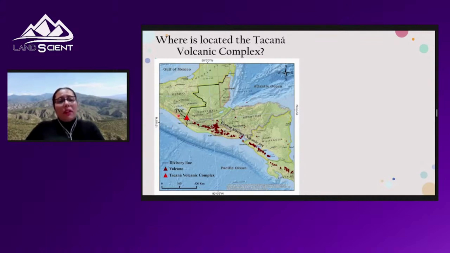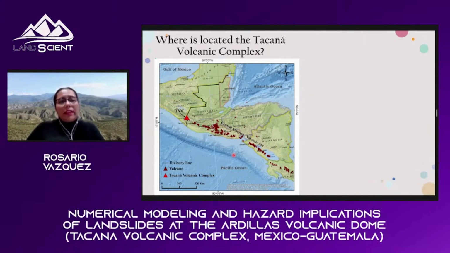It's part of a volcanic chain named the Central America Volcanic Arc, also known as just CAVA, and it is the northwesternmost volcano in this volcanic chain that extends for more than 1,000 kilometers down to South America, actually down to Panama. It begins here on the borderline between Mexico and Guatemala and extends southeast down to Panama.